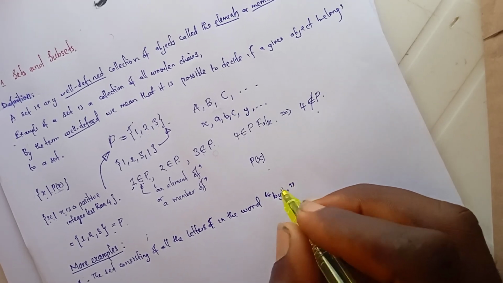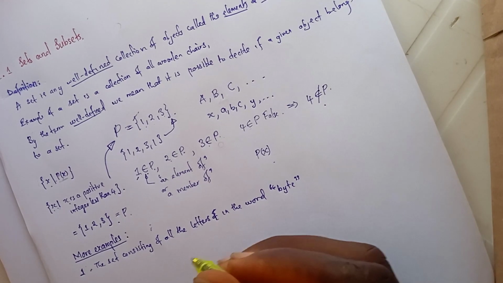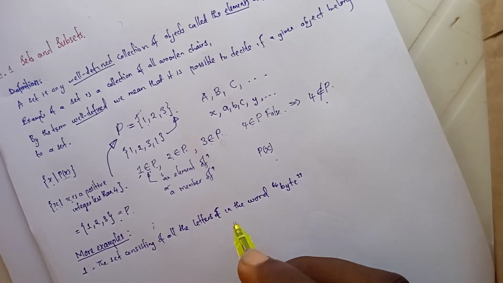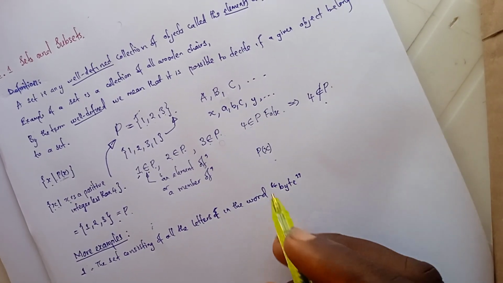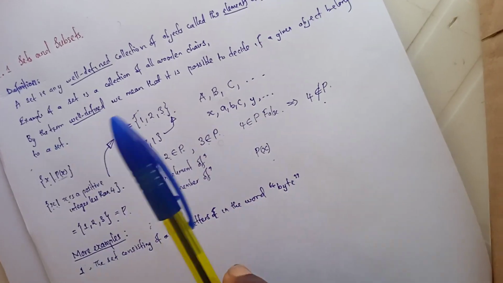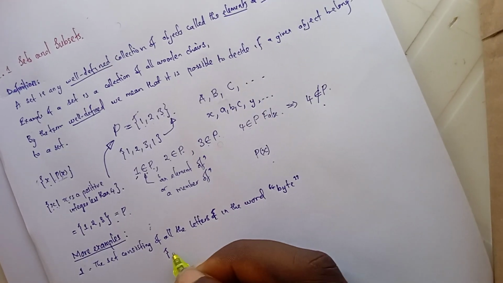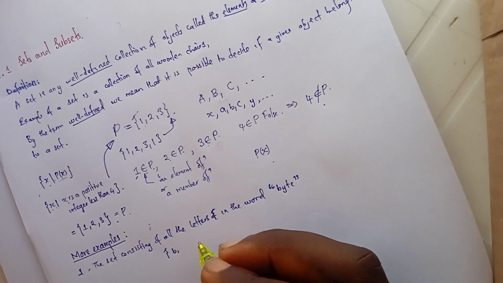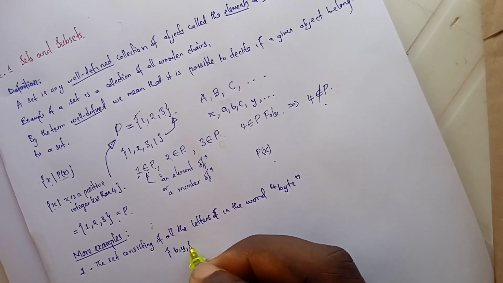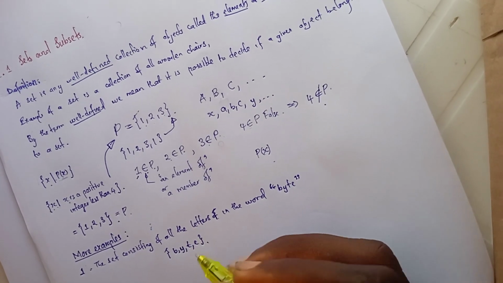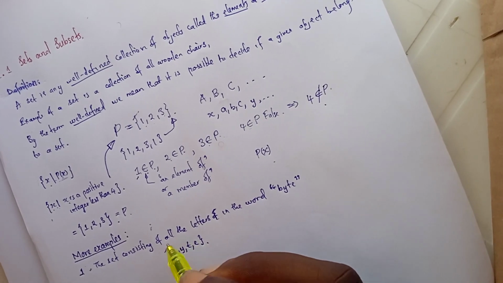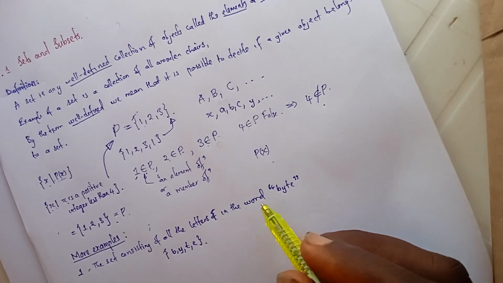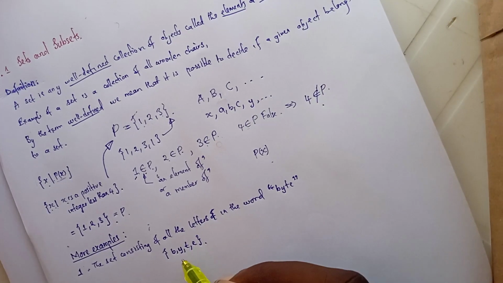Now the set of all letters in the word byte can be denoted as the set of small letters b, y, t, e. So this is the set that consists of all the letters in the word byte, by listing all the members.